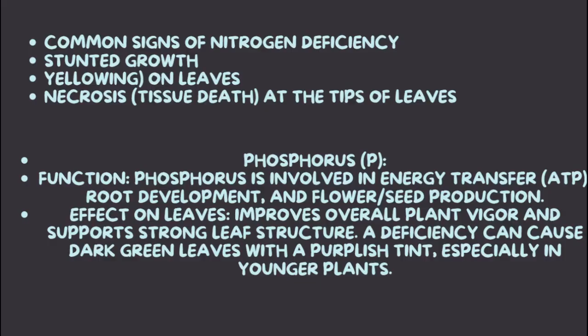It improves overall plant vigor and supports strong leaves. So a deficiency in phosphorus can cause something like purple lining around the younger leaves. That's how you would know if a plant is deficient in phosphorus.